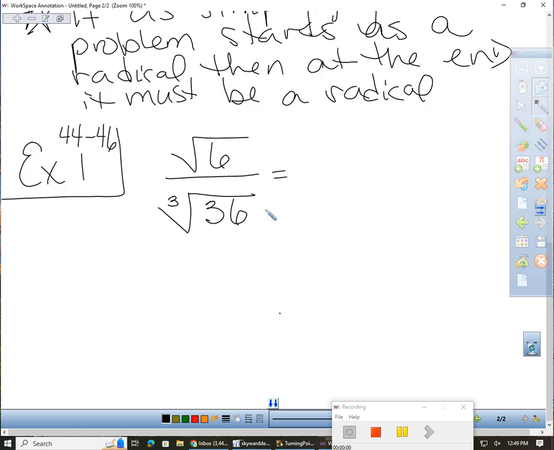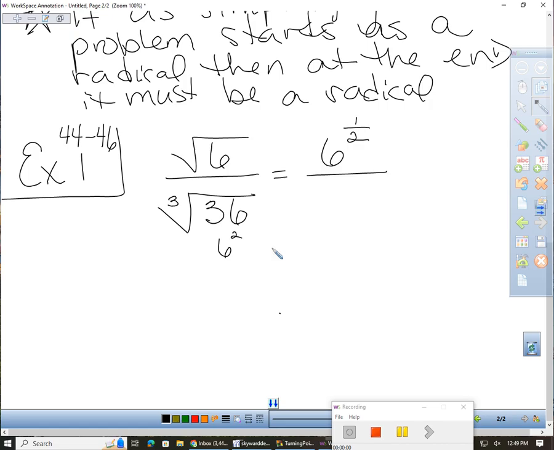The top one is 6 to the power of 1 inside a square root. The bottom one, tell me about 36. That is 6 what? 36 is 6 squared, correct? This is the same as 6 to the second power.